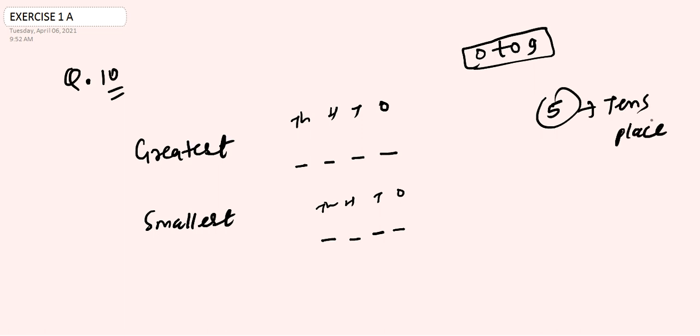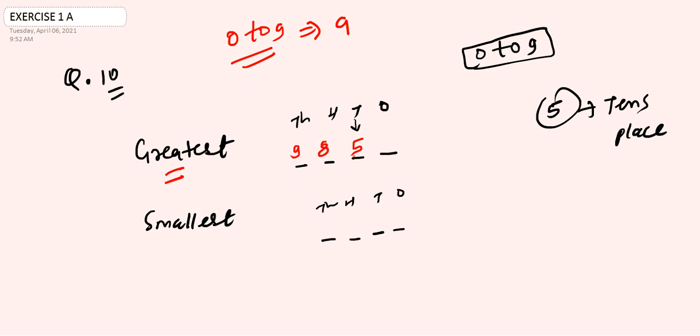Now it is given in the question that digit 5 is always at the tens place. So where is our tens place? This is our tens place here. So we have to write 5 here. Okay. Now the greatest number we are forming. Again the same thing, from 0 to 9, 9 is the greatest digit you have. So first you write 9. Then after 9, the second largest number is 8.